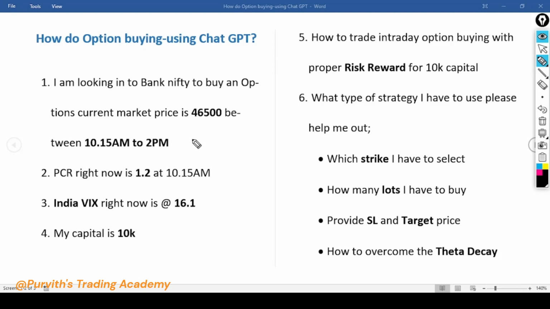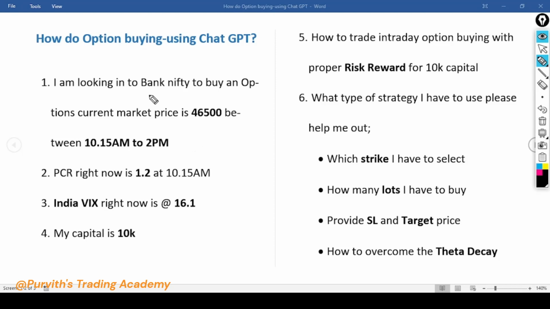By using that platform, we can ask any questions or prompts so that we get input to do anything. Not only trading, we can learn anything from ChatGPT. Today I have taken an example of how exactly we can do option buying with 6 questions, which I have listed here.